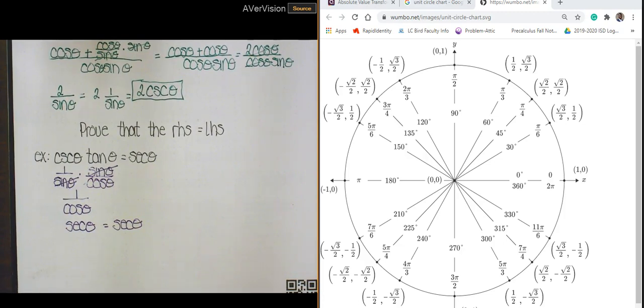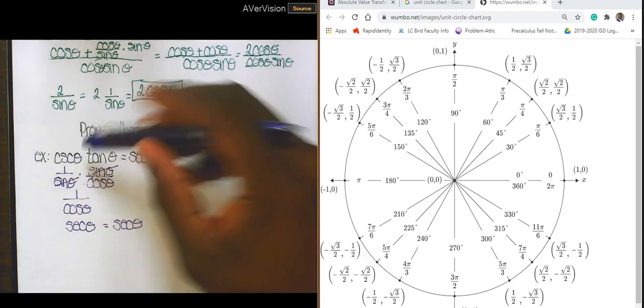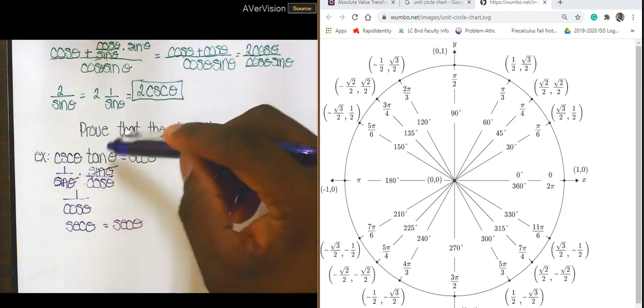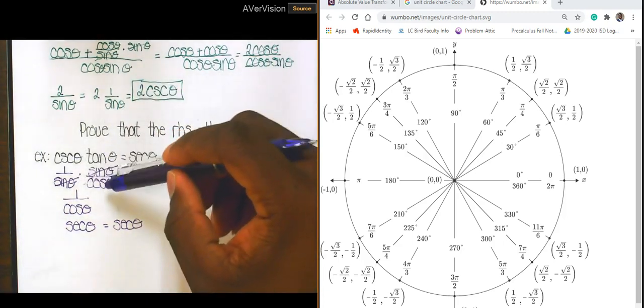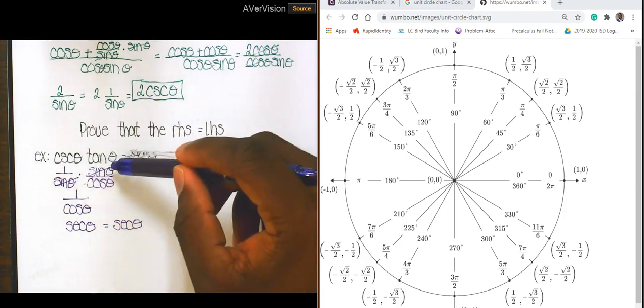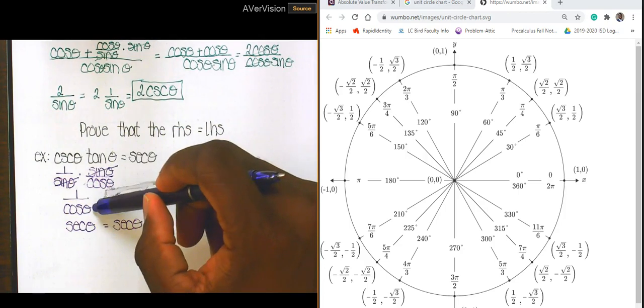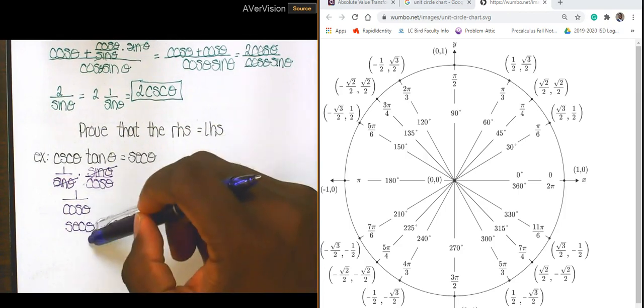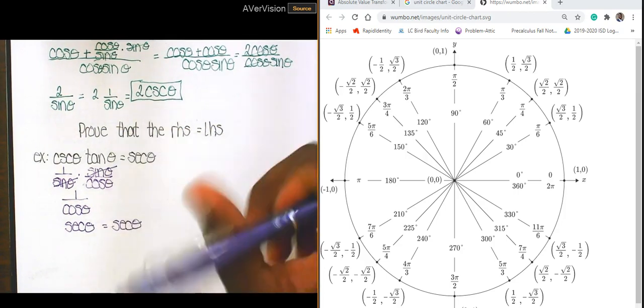We don't change both sides. Cosecant was equal to 1 over sine. Tangent was equal to sine over cosine. When we multiply the two together, the sines cancel out, and we're left with 1 over cosine. 1 over cosine is secant, which is what we were trying to get to.